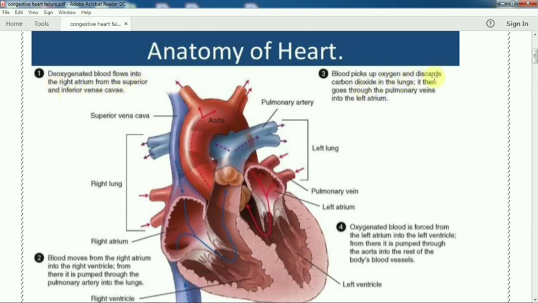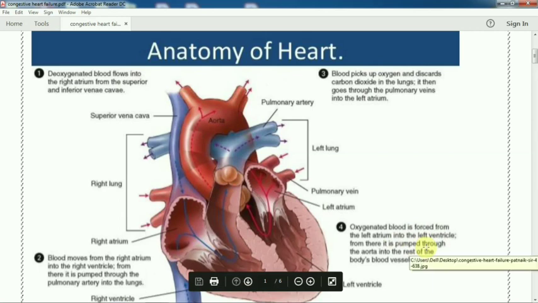Blood picks up oxygen and discards carbon dioxide in the lungs, and then goes through the pulmonary vein into the left atrium. The oxygenated blood is then forced from the left atrium into the left ventricle, from where it is pumped through the aorta into the rest of the body's vessels.